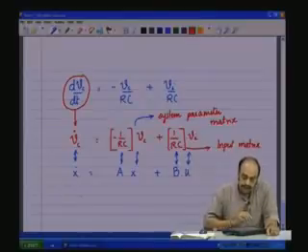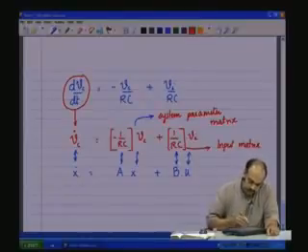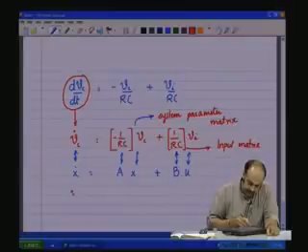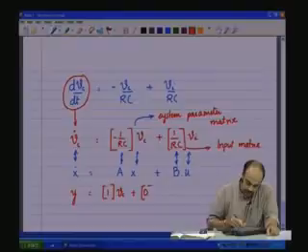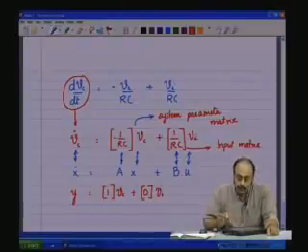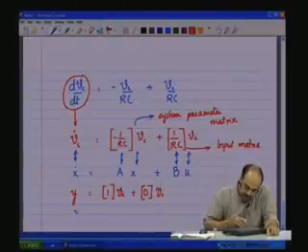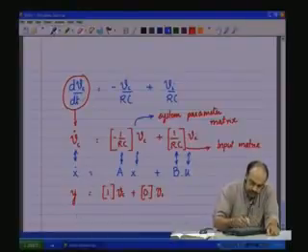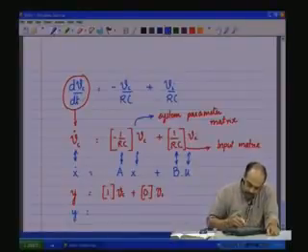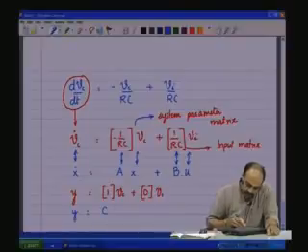Now, there is one more equation that you have to write to complete the state equation, which is y, the output, given by 1 into Vc plus 0 into Vi, is the general form. Compare this with the general form of the output equation, y equals C x plus D u.